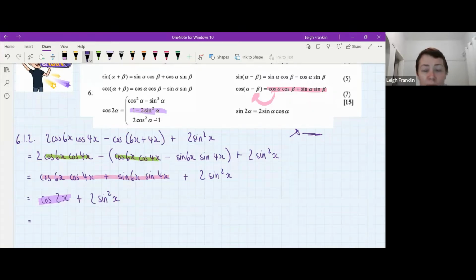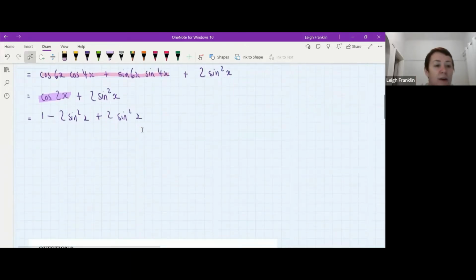So 1 minus 2 sine squared x plus 2 sine squared x. As you can see, those two add up to 0, and now fully simplified, the answer would have to be 1.